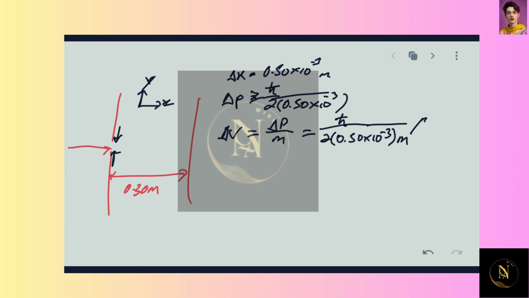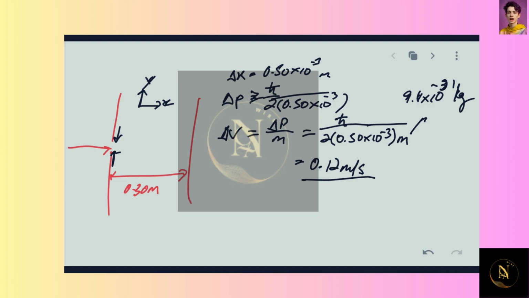So this is just 9.11 times 10 to the power minus 31. We should get an uncertainty of about 0.12 meters per second.